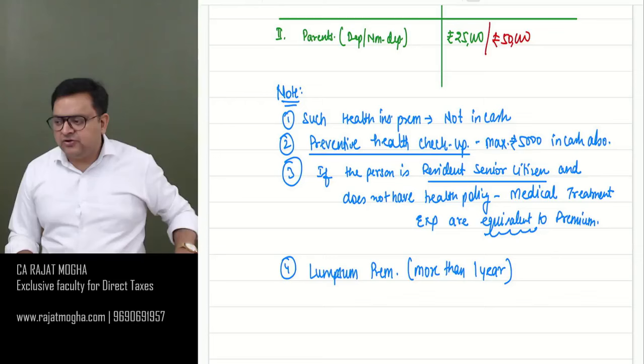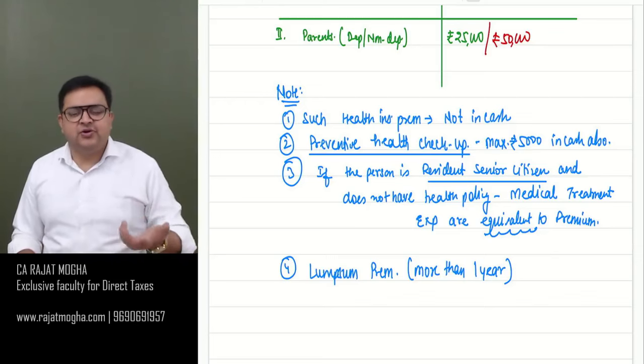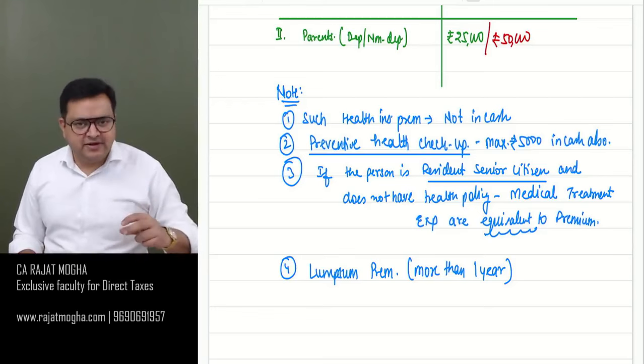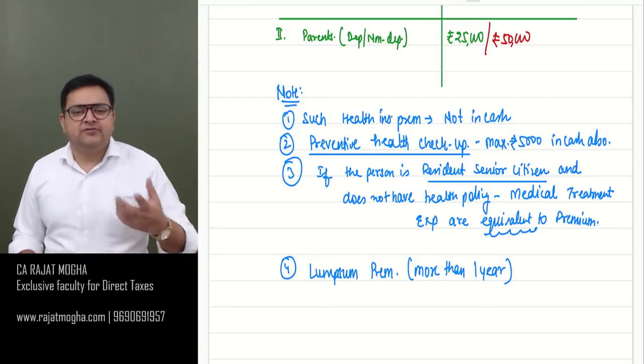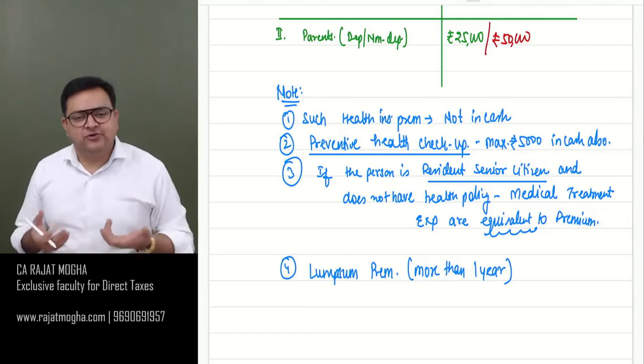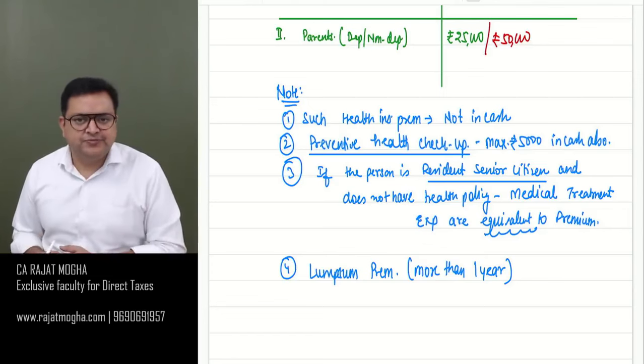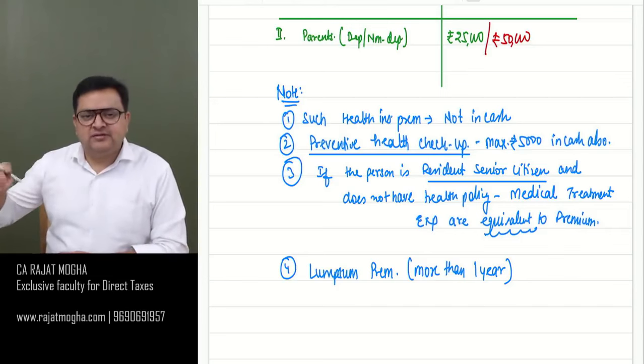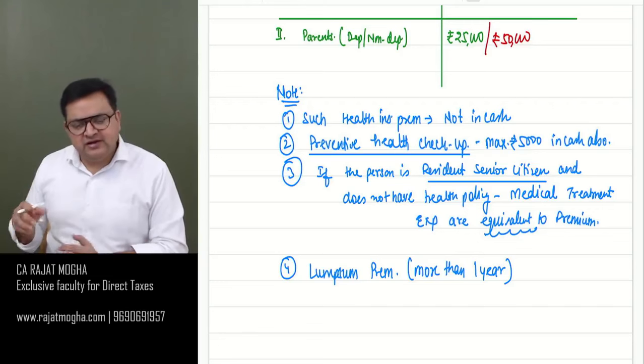So health insurance is also such a policy which we have to get insured every year. Sometimes there are now certain health insurance companies who give you a benefit that you can get the insurance for 2 years, 3 years, 4 years also. So let's say your client has paid insurance of, let's say, 2 years, 3 years. Will he get the deduction right here in this year?